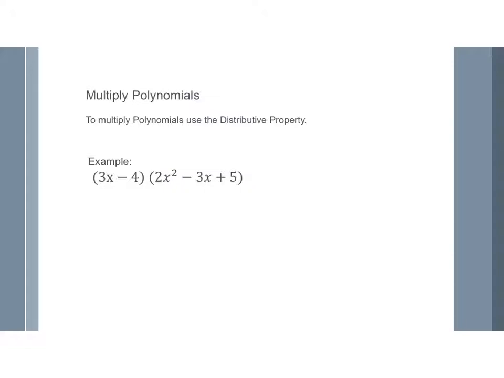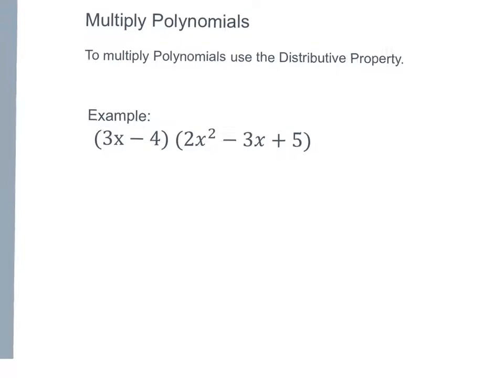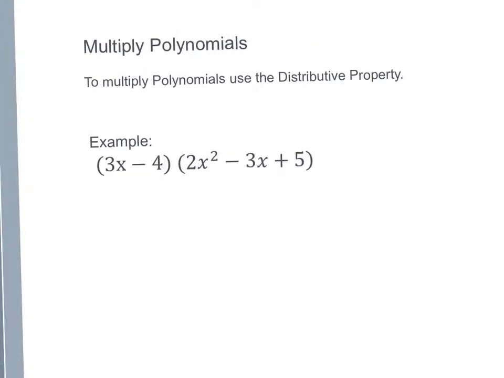So when I go to do this first problem, what I need to do is take each term of this first binomial and distribute it to the 3 terms in the trinomial.